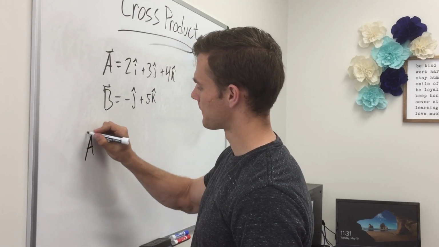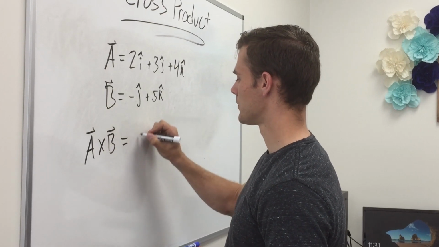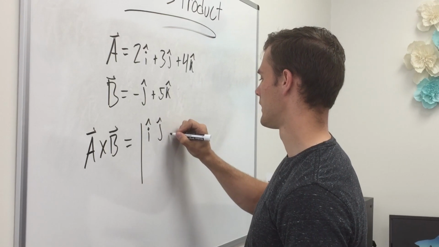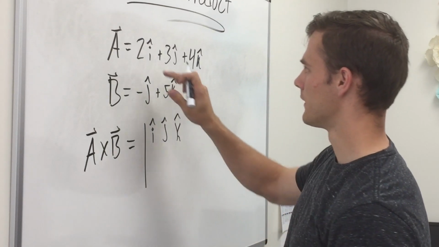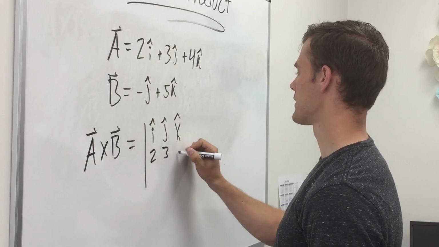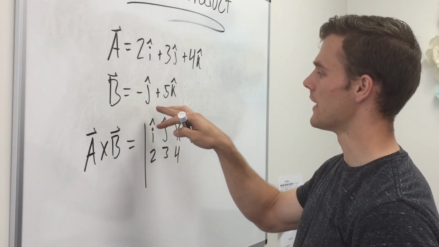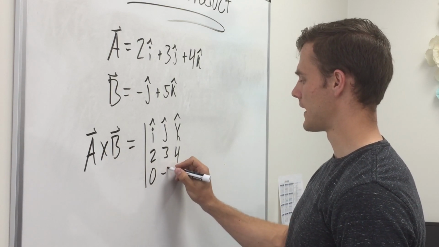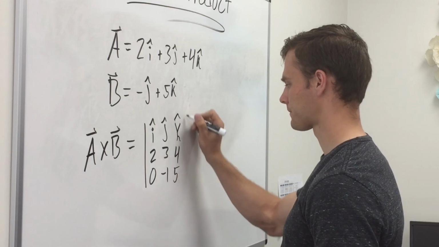So A cross B is equal to I, J, and K, and then the X component is 2, and then 3 and 4, and you see we don't have an I component, so it's only in the Y and Z directions, so we're going to put a 0 here, and then a -1 because there's a -1 there, and then the 5.